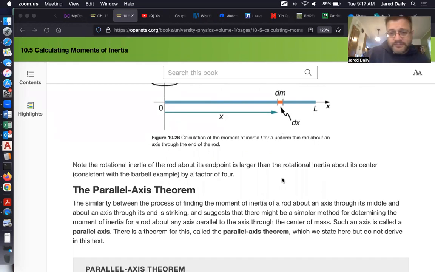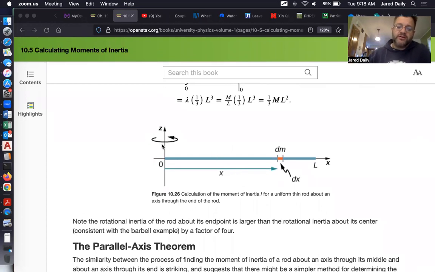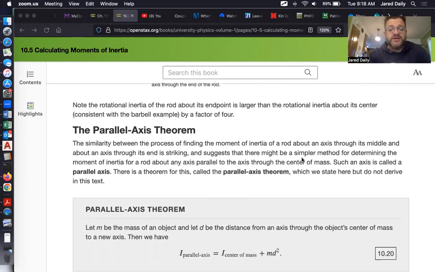In the problem they give you in the homework, they have you rotating around some point somewhere in between. In that case, you put your coordinate 0, or your origin, at that point, and then you integrate from negative something to positive something according to where you've placed your 0.